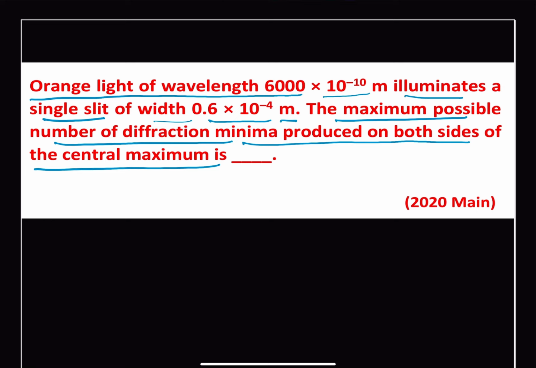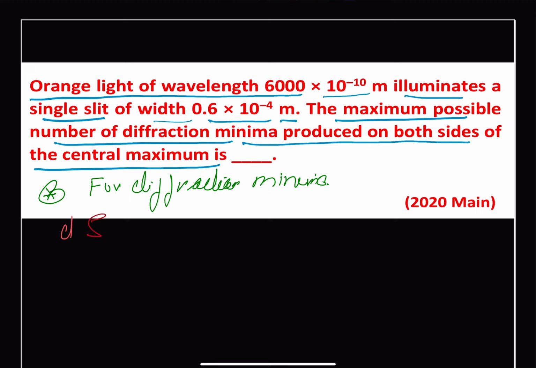So we start from the basic formula, which states that for diffraction minima we have d sine theta is equal to n times lambda, where this n is our order of minima and values are 1, 2, 3 and so on.